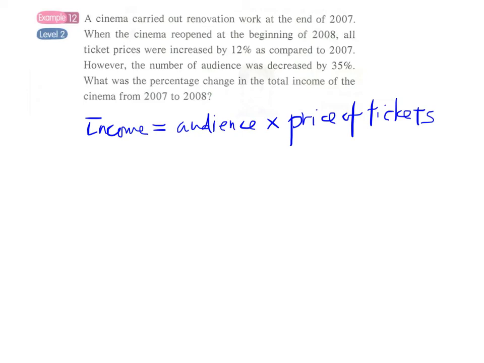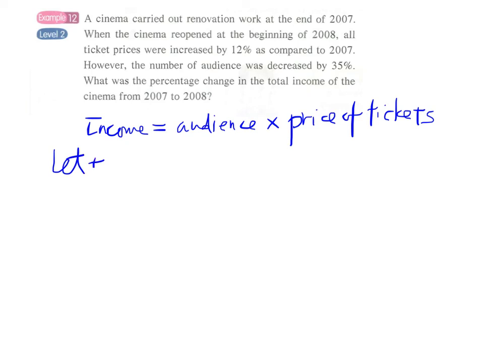But since this problem does not give us the number of audience in 2007 and the original price of the tickets in 2007, therefore we have to let the number of audience and the price of tickets be some kind of variables x and y.